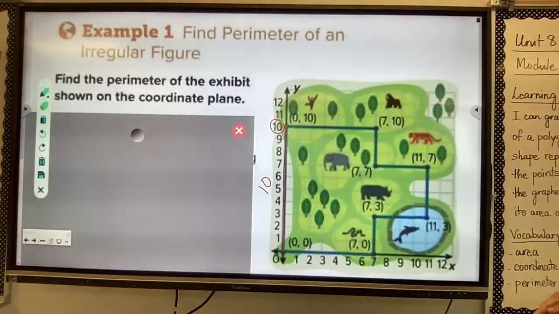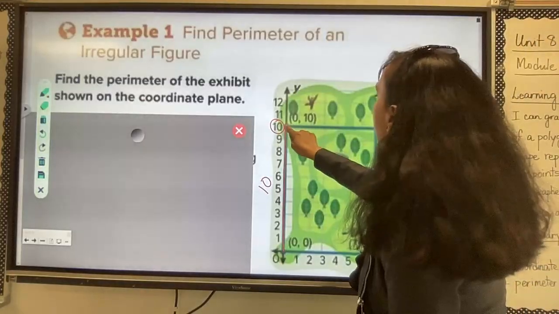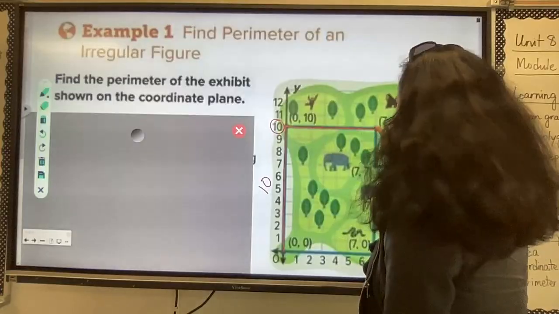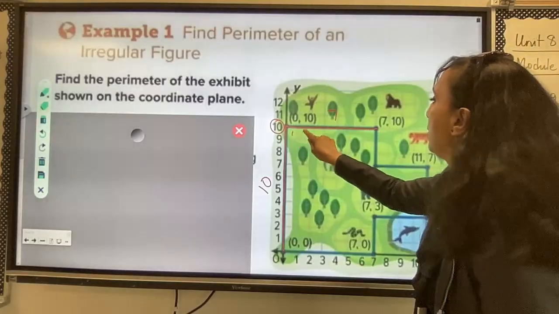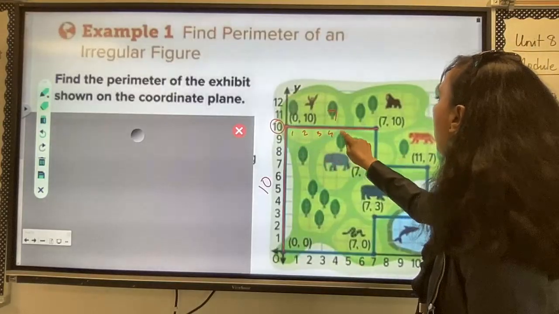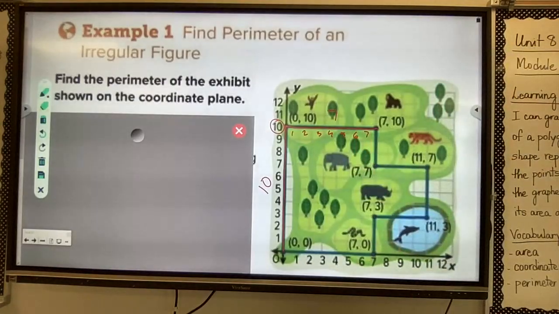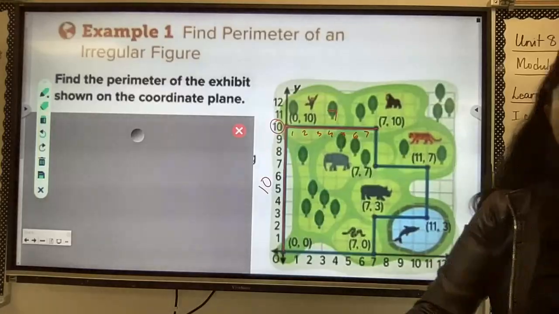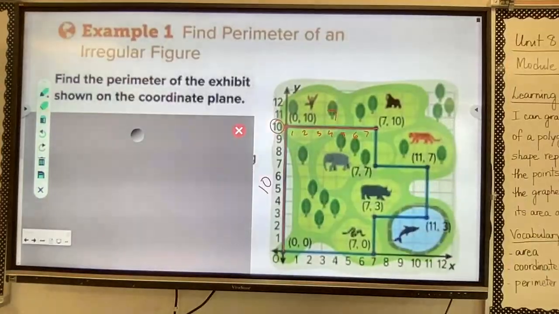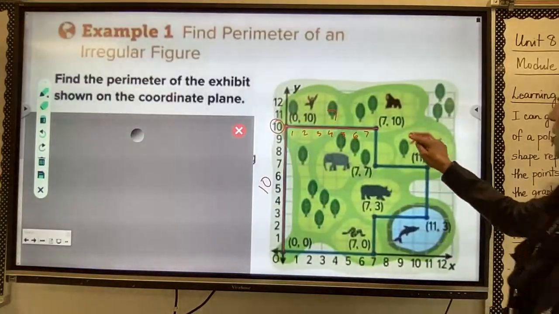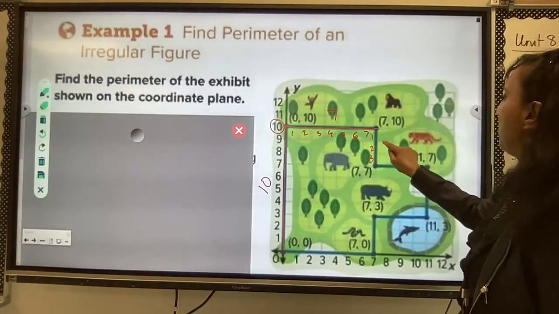Okay? Then I look from here and this much. How much is this? This is 7. Look, 1, 2, 3, 4, 5, 6, 7. Then over here we have 1, 2, 3. So this much is 3.